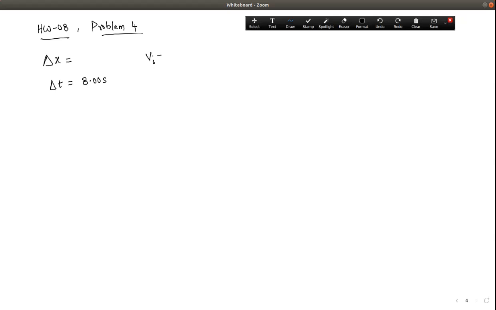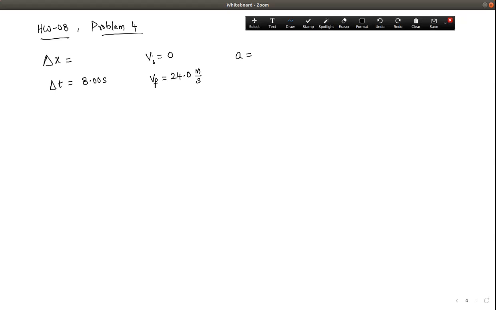V initial, it starts from rest, so that's 0. V final is 24 meters per second. And acceleration is not given to us. So we have 3 quantities. We are interested in the angular acceleration.